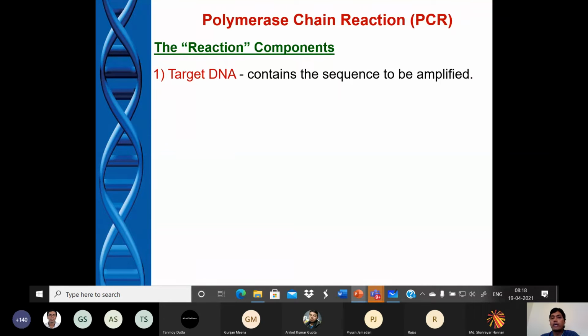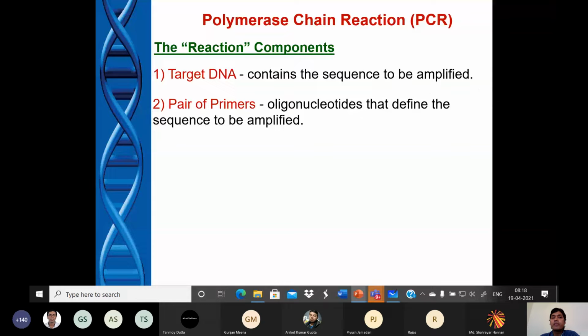We want to make more and more DNA. And then pairs of primers, oligonucleotides, meaning short stretches of nucleotides that define the sequence to be amplified. This is the problematic part. I believe some of you might have a problem, so I am explaining this.